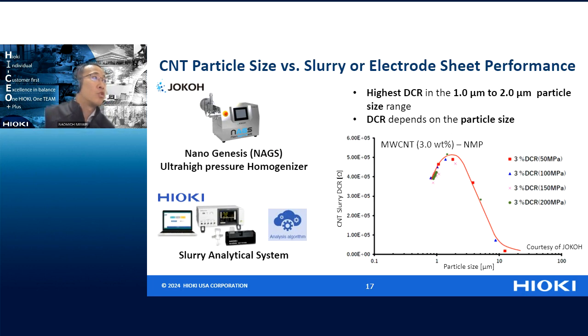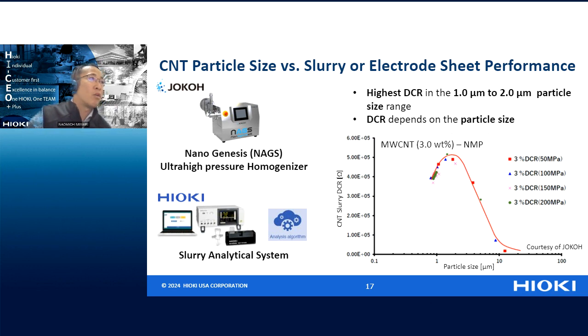Joco is a manufacturer of ultra high pressure homogenizers. Nanogenesis is one of their products, and we use this Nanogenesis to make CNT with different particle sizes.